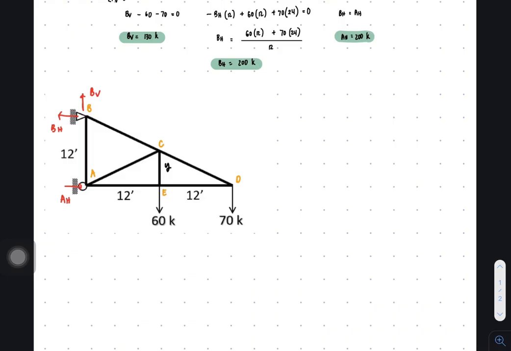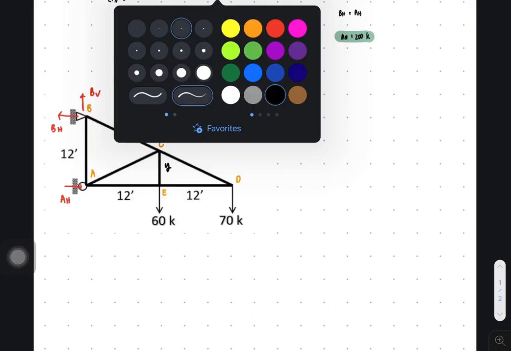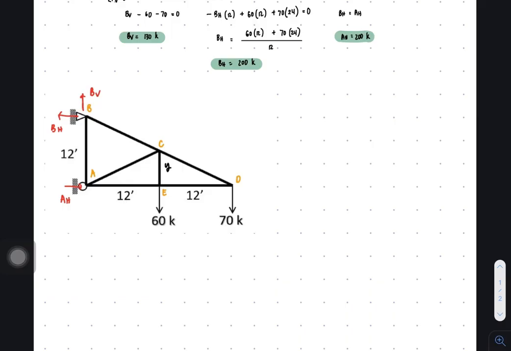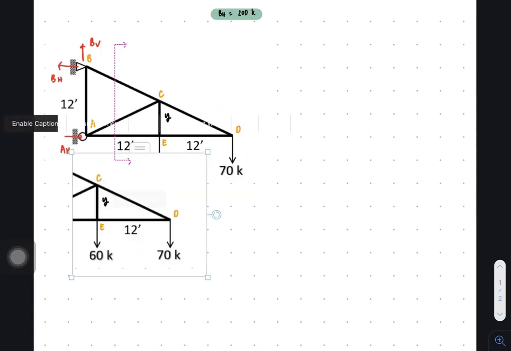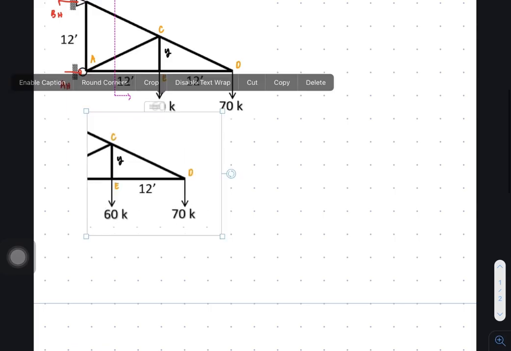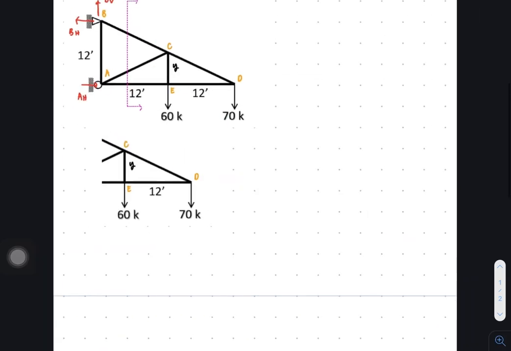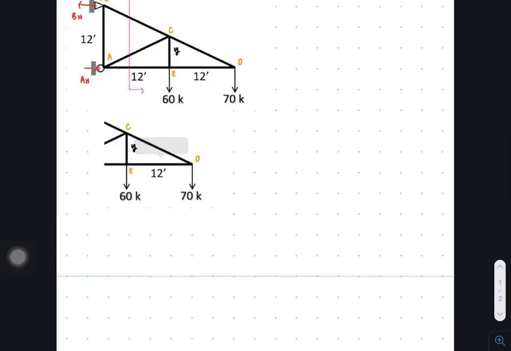So I'd like to have the cutting section here, and I'll consider the right portion. So what would be now the cutting section? So the cutting section would be this illustration. So that's the cutting section. So let's just transfer it here.